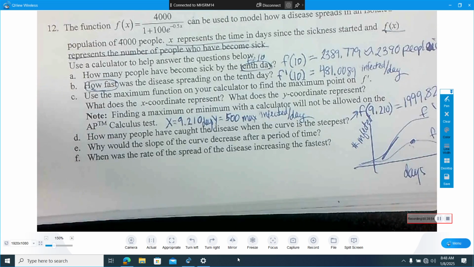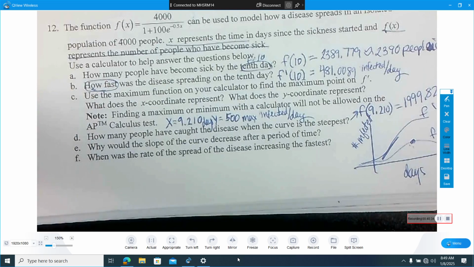That's interesting. When was the rate of the spread of the disease increasing the fastest? So wouldn't that be a double prime? Could it be double prime because it's infected per day.